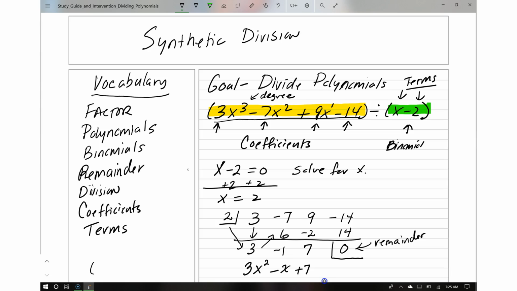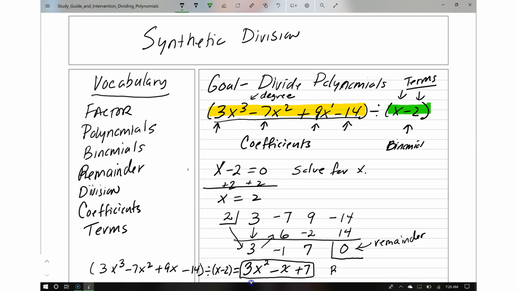Therefore, 3x cubed minus 7x squared plus 9x minus 14 divided by x minus 2 is equal to 3x squared minus x plus 7. That will be what is left when you divide those two polynomials.